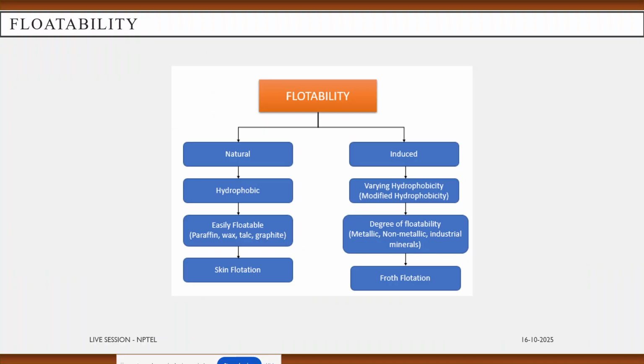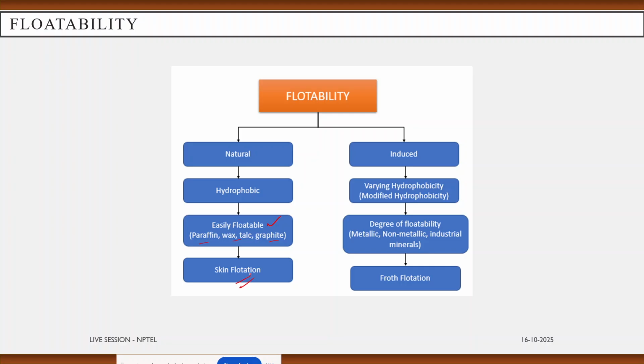So the next thing we are going to discuss is floatability. In floatability, as we have discussed, it can be natural or it can be induced, like synthetically making it. In the natural process, those are inherently hydrophobic particles, and obviously those will be easily floatable, like paraffin, wax, graphite. Those are naturally hydrophobic in nature.